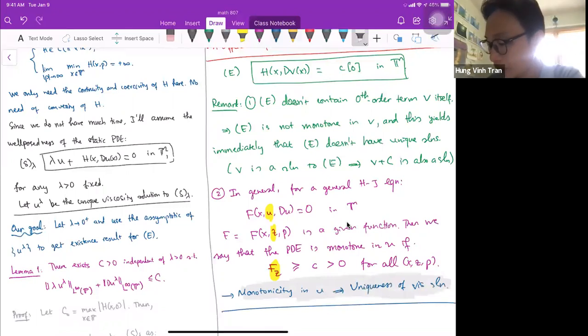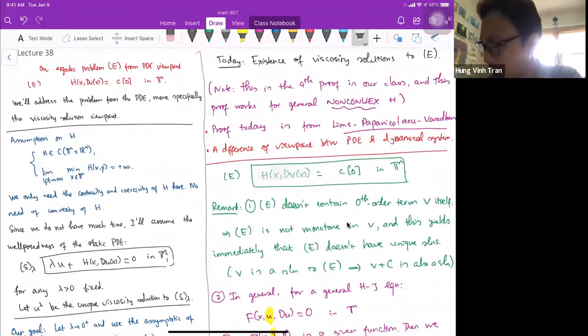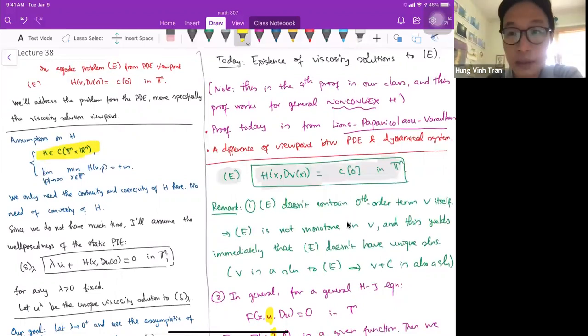So let's get back to the ergodic problem E. We try to prove the existence of a solution. Let's put the assumption on H. As I said here, we don't need H to be convex. Nevertheless, if we have convexity, we have a formula. We only need H to be continuous and coercive in p.